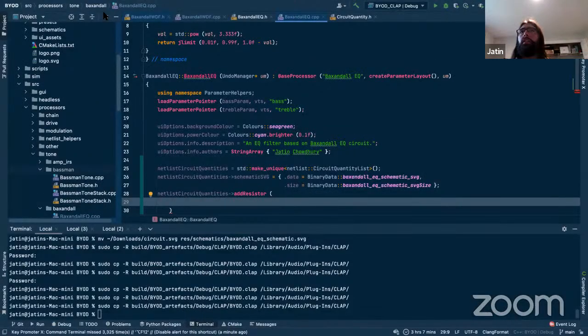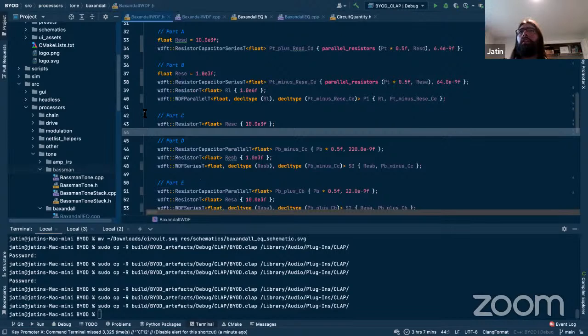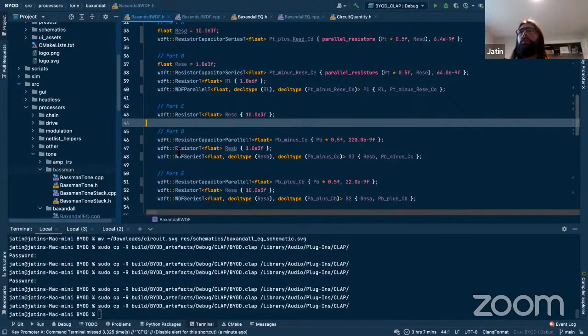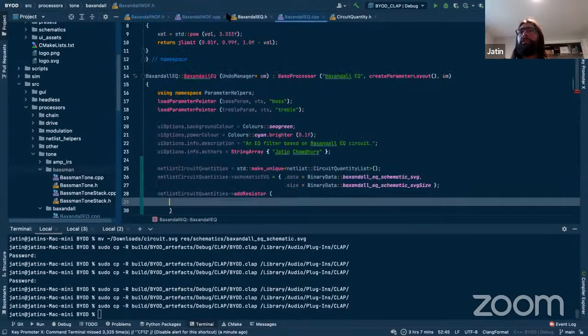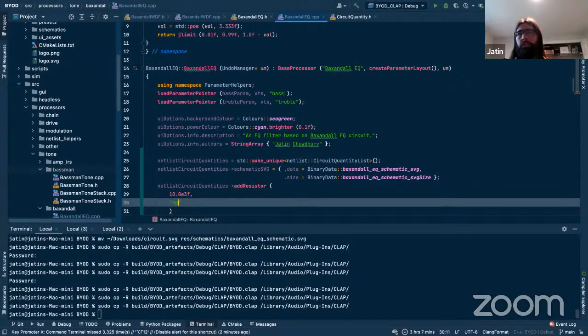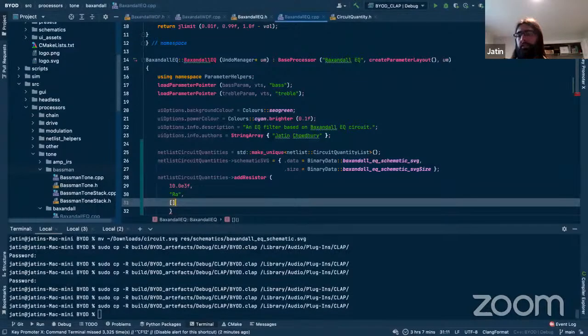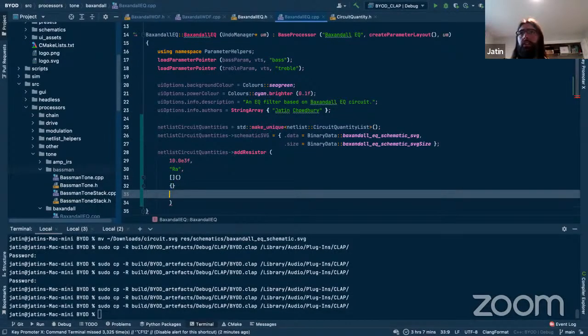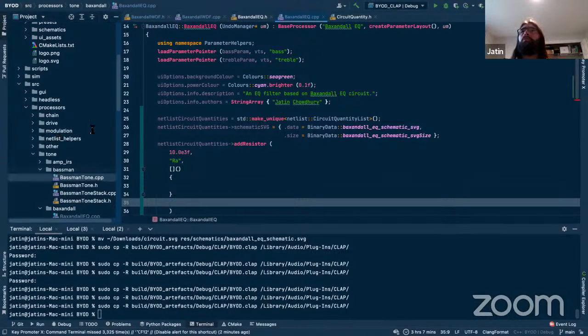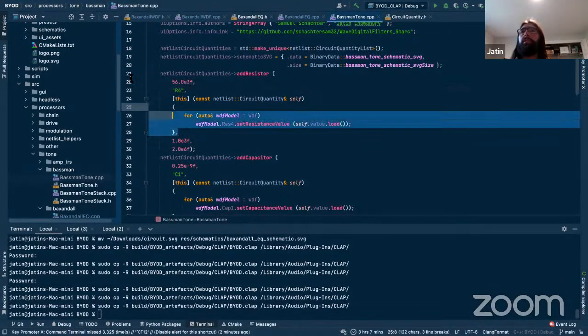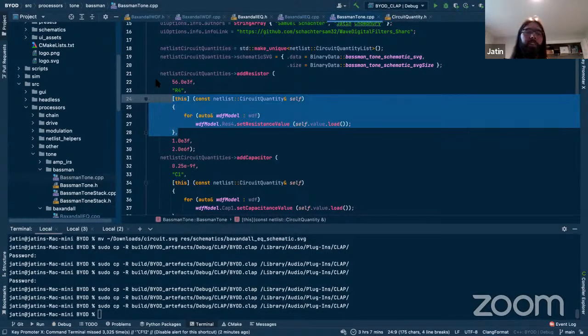And RA is, what's the value of RA? The value of RA is 10E3. So that's a 10K resistor. This is RA. And then we're going to want a lambda there. The job of the lambda is to actually set the value.